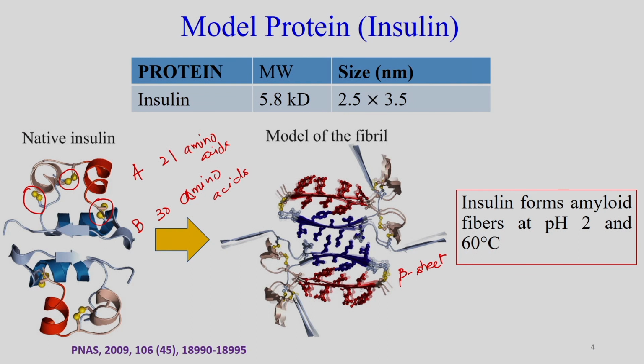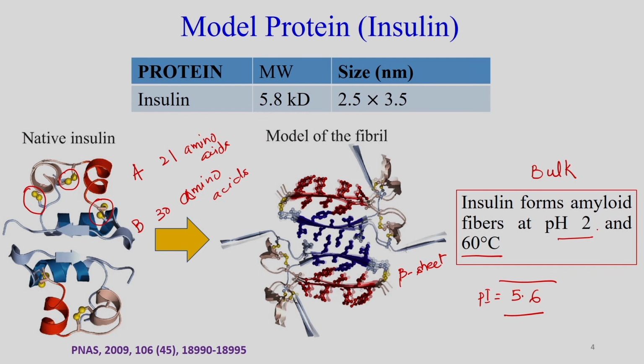Now, we talk about external factors like pH, temperature, and ionic strength. In the bulk, if you change the pH lower to 2 and the temperature to 60 degrees centigrade, then insulin forms aggregates. The isoelectric point, pI, of insulin is about 5.6.